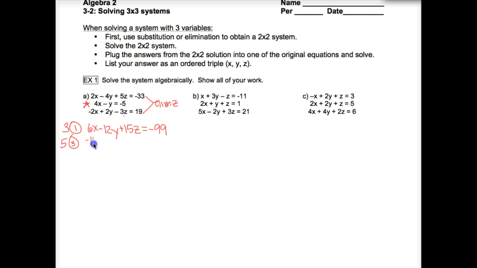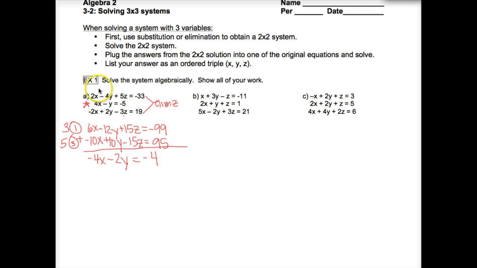So that gives me negative 10x plus 10y minus 15z equals 19 times 5 is going to be 5 short of 100, so 95. And now, because what I'm using is elimination here, now that these are opposites, I can add straight down in the columns. I get negative 4x minus 2y, the z's cancel, equals negative 4.